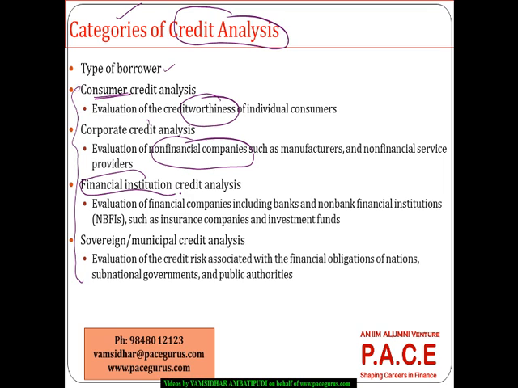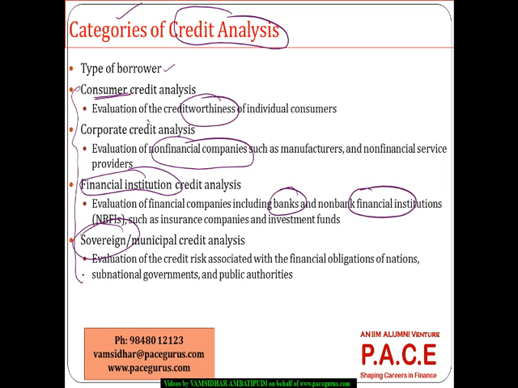Then we talk about financial institution credit analysis, where the assessment is of banks and non-banking financial corporations, insurance companies, hedge funds, mutual funds, all these kinds of firms. We are trying to evaluate their creditworthiness. That is what we do as a part of financial institution credit analysis.